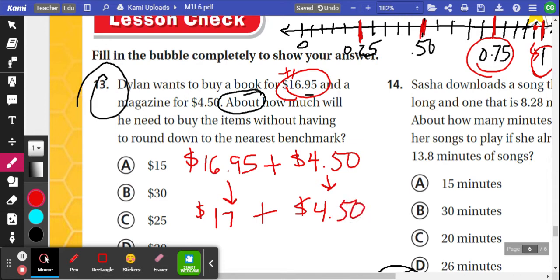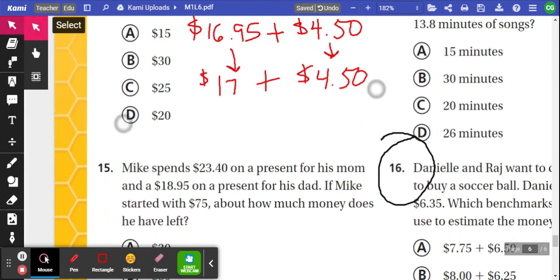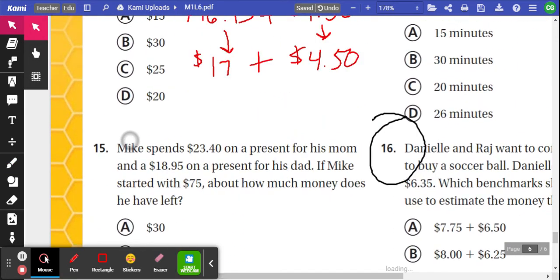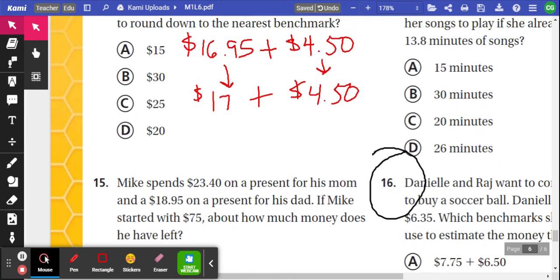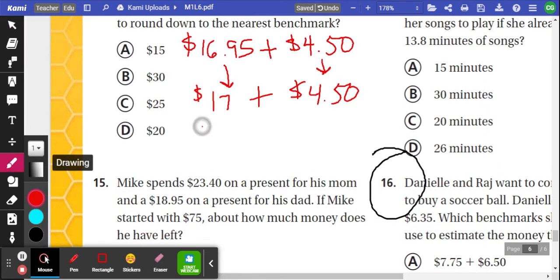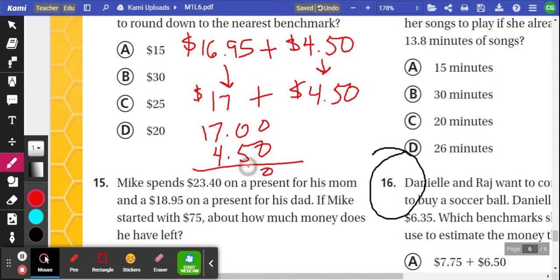$4.50. When I'm adding these together, I can go ahead and stack them so I can have my decimals lined up. Those of you that can see it already, that's great. Those of you that are still not quite sure, I'm going to show you here. When we say stack, it's one on top of the other. So that's 0, that's 5.